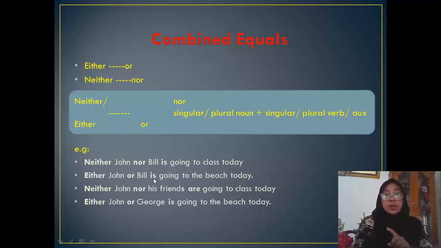So the to be is singular also. When the second noun is plural, the to be is plural also. So we can say that it depends on the second noun. Okay, and here either is paired with or, and neither is paired with nor.